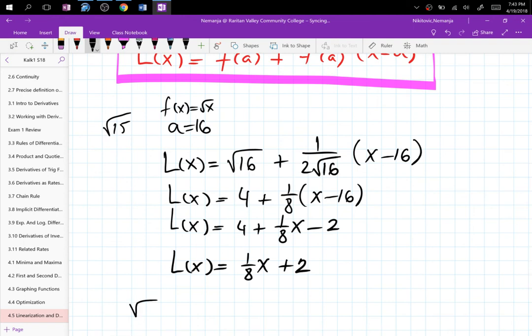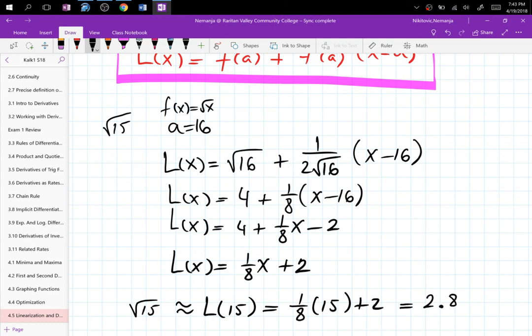Now it's easy to say square root of 15 is approximated by L of 15, which is 4 plus 1/8 times 15 minus 16, and for that we got 2.875, if I remember well. So this is your square root of 15 problem done through the eyes of linearization, which is the tangent line.